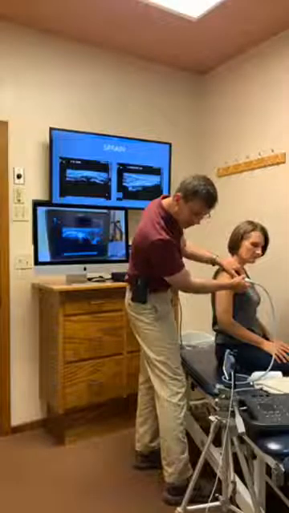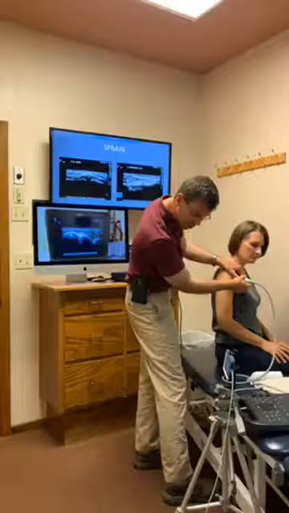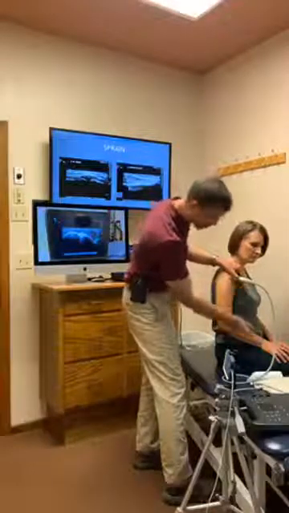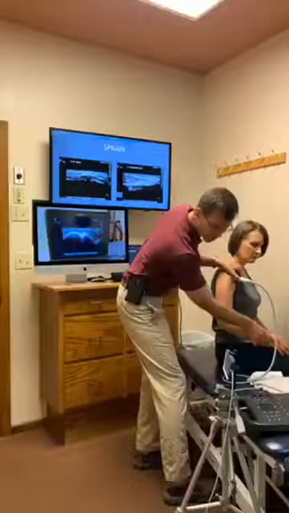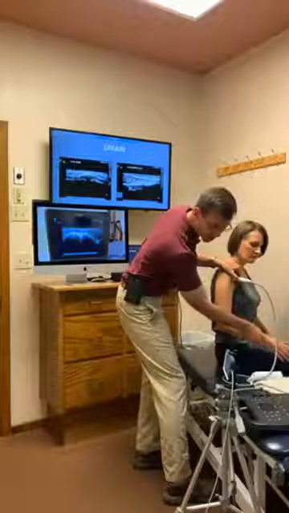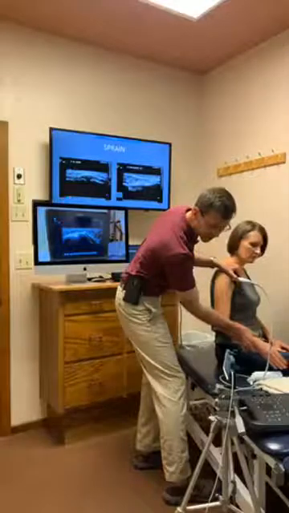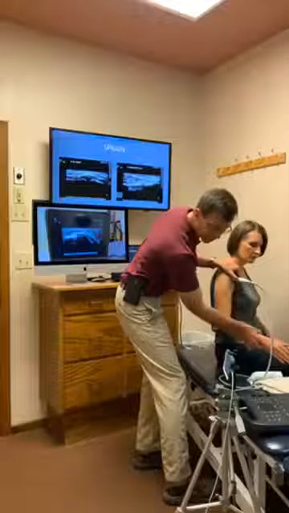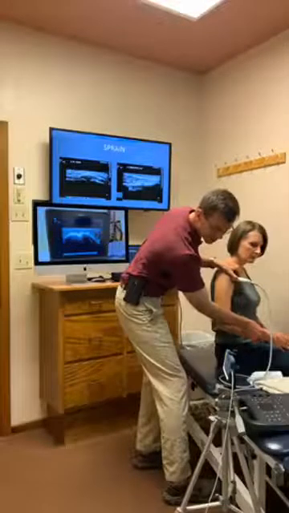Okay, so you can see that bright structure there. Now we're going to move just a little bit, nice and slowly, and you're going to see that that structure stays in that groove, nice and easily.